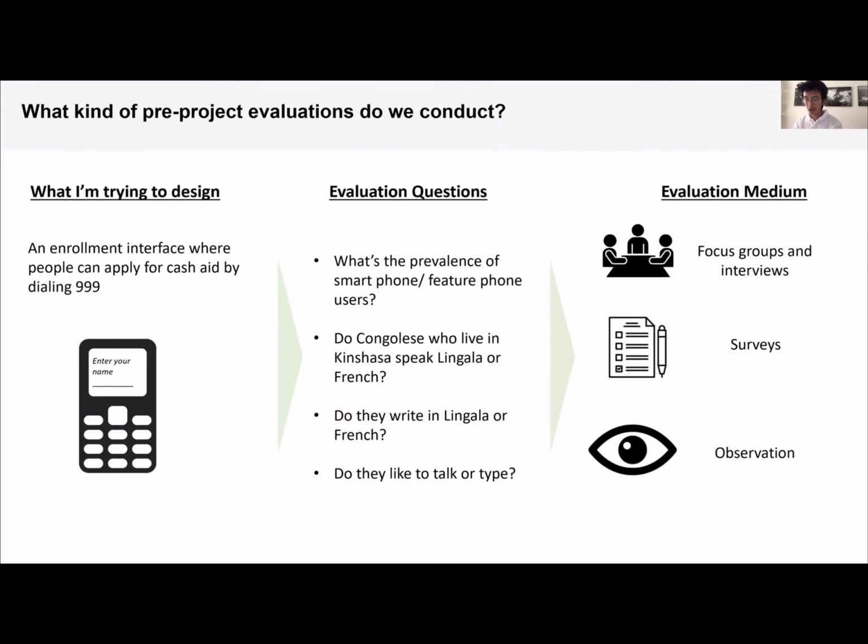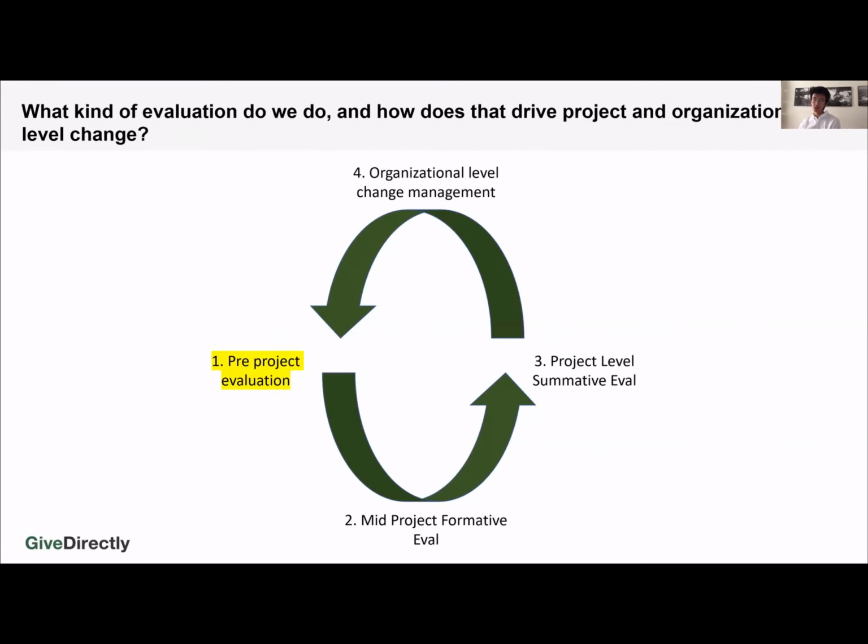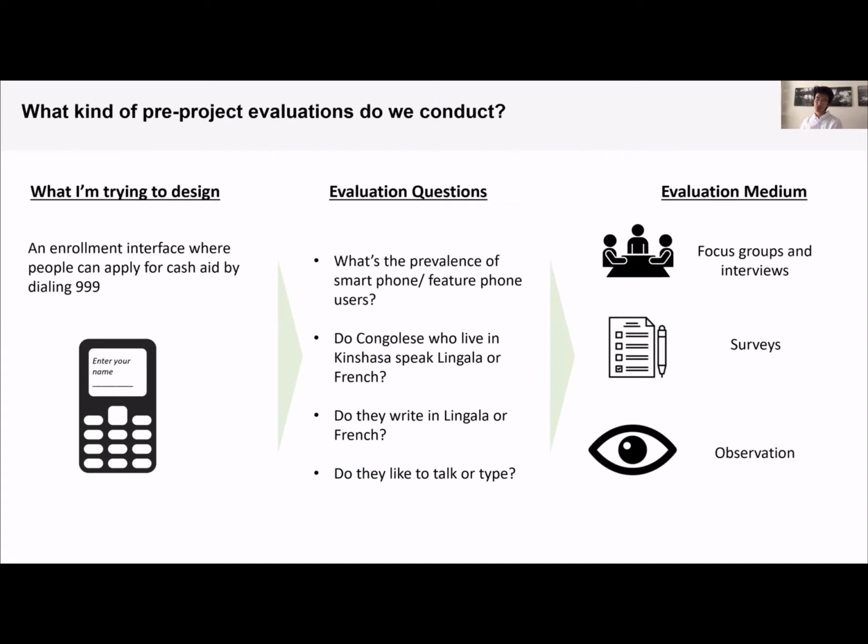So let me just jump in here on the first point, pre-project evaluation. Let me give you an example of something that we're actually doing right now live. What we're trying to design is an interface where people in a particular geography that may be experiencing lockdowns, or a crisis, like in Goma in the Democratic Republic of Congo recently, where a giant volcano erupted and they had to evacuate the whole town.